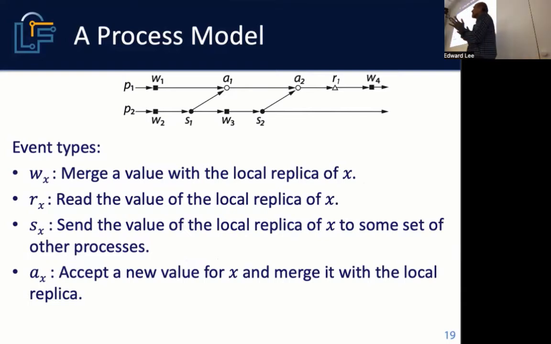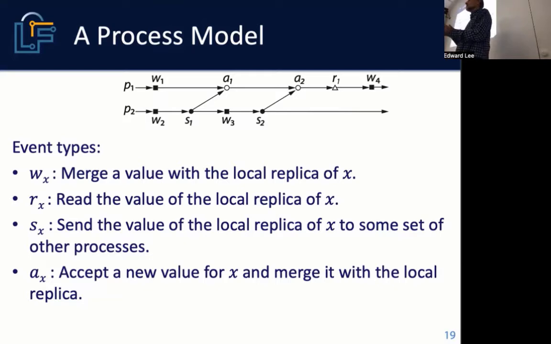So let's build a simple process model where you've got two sequential processes, P1 and P2, and there are 4 operations available. One operation is a write operation, where you can take a new value and merge it with the old value of the variable. It's called a merge operation more generally because in the database community, it's not always just an overwrite.